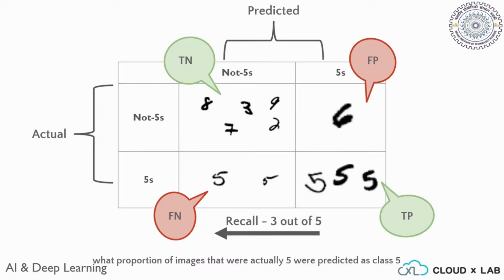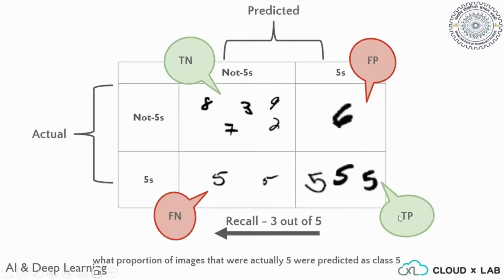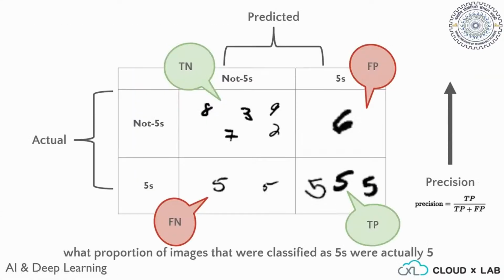Can you provide an example? Yes, I will provide an example later. But here also, if you use the definition of precision and recall, we can get an idea where we should use precision and where we should use recall.